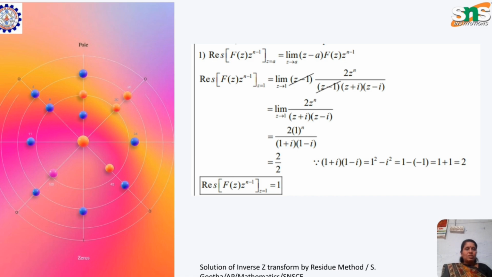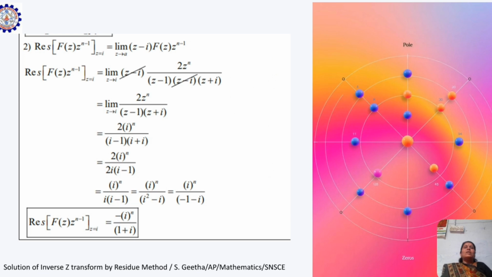Now we are going to calculate the residue at Z equal to i, which is equal to limit Z tends to i of (Z minus i) into 2 into Z power n divided by (Z minus 1) into (Z minus i) into (Z plus i). After cancelling Z minus i, we get limit Z tends to i of 2 into Z power n divided by (Z minus 1) into (Z plus i). Now we put Z equal to i.